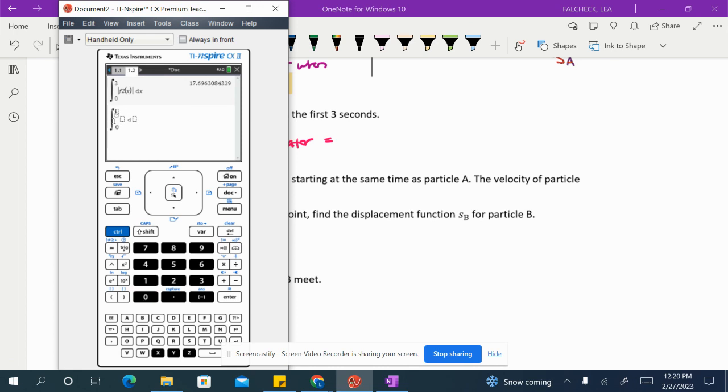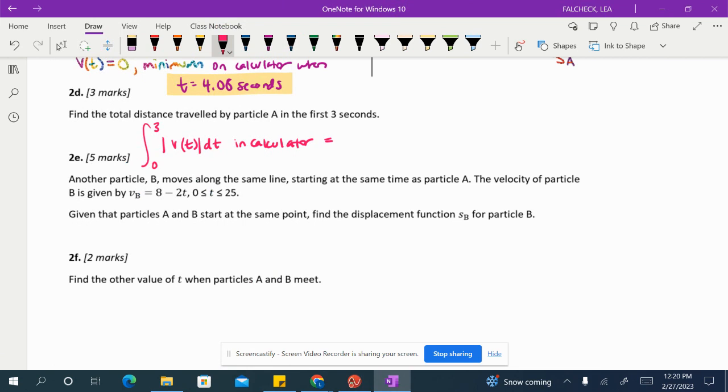So we have from 0 to 3, and then we put our absolute value bars here. You're going to go to the catalog, absolute value, and then this is the big time saver, right? You pick up the variable by going to F2 because that's where you graphed the derivative, and then now you don't even need to type it in. You don't even know what the derivative is. You just know that you're going to be using it, and you're saving yourself a bunch of time. So the total distance traveled is going to be 17.7 centimeters.